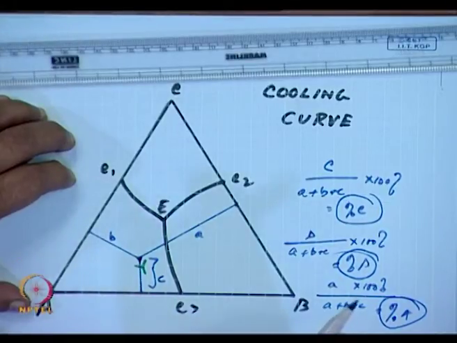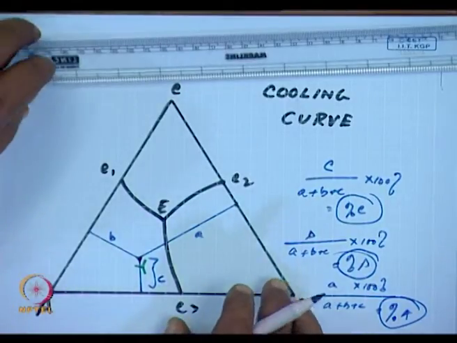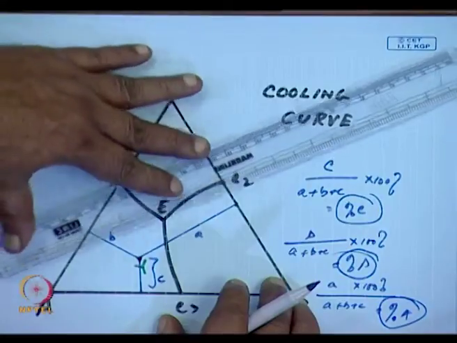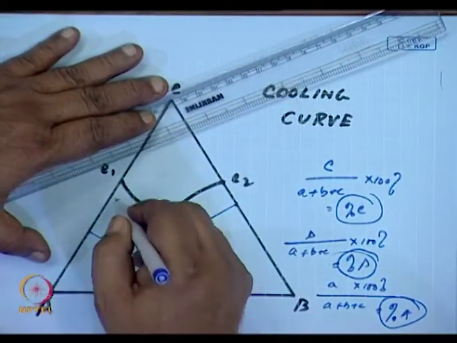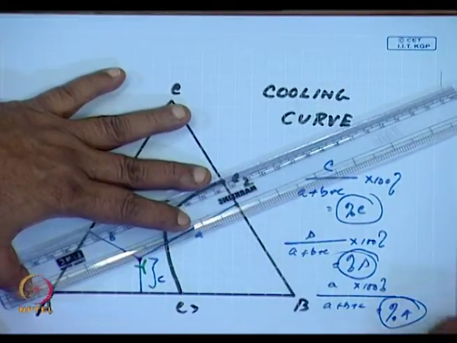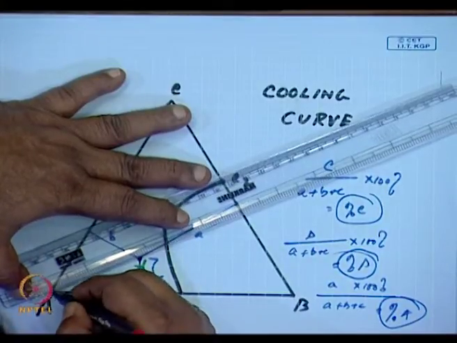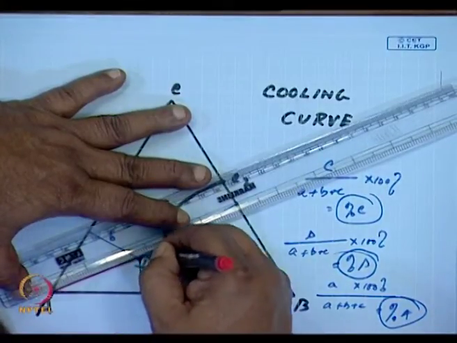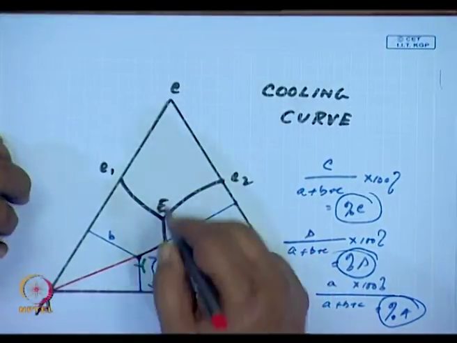I have melted it and I am cooling down. Now how do I construct the cooling curve? At the very outset, Y is in this phase field. So I'll start off from A and then draw a straight line through Y which would intersect the eutectic line E3E at this point.